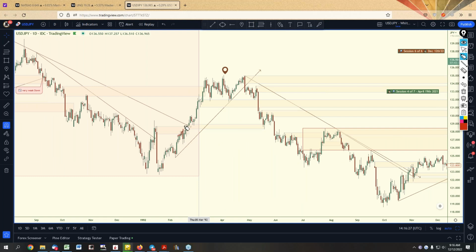There's a rally. Now, you could look at this one here as a base. Okay. That's fine. But let's look at the lower portion here. If you were to label that as a base, okay, but this does not surpass this here, this high.